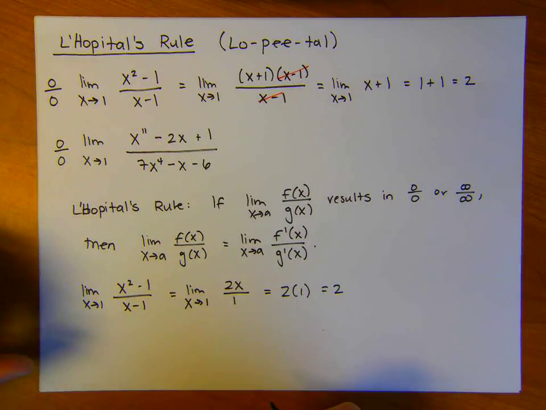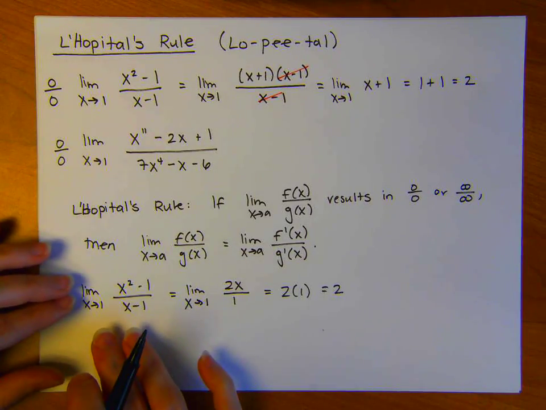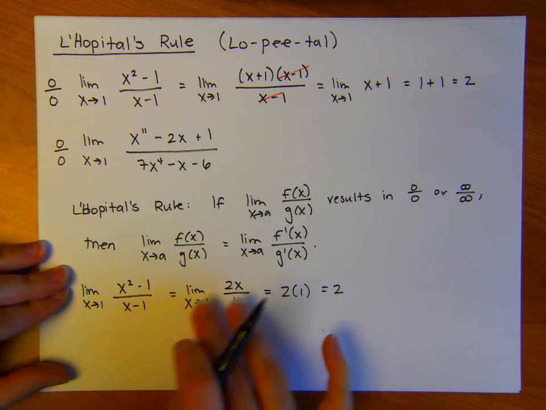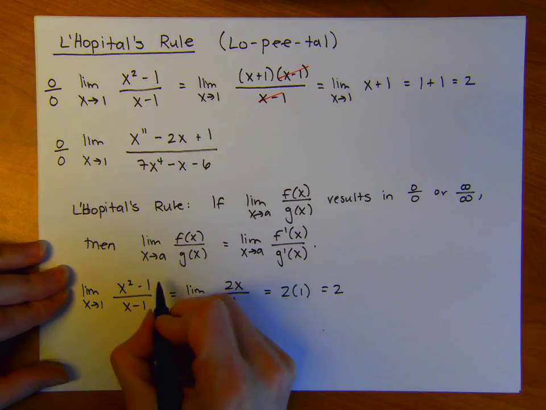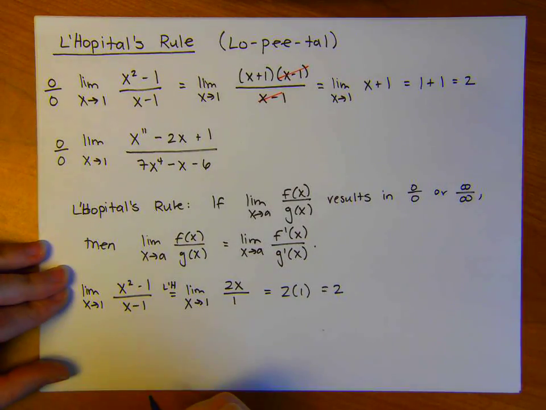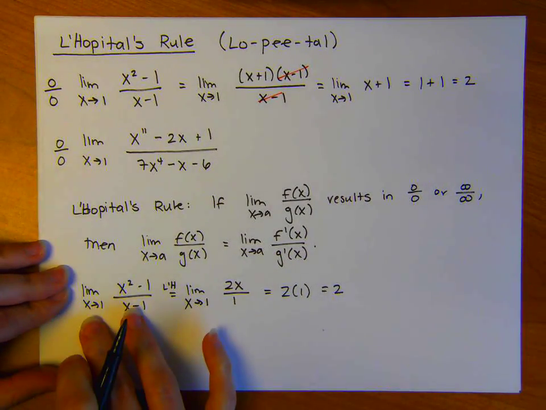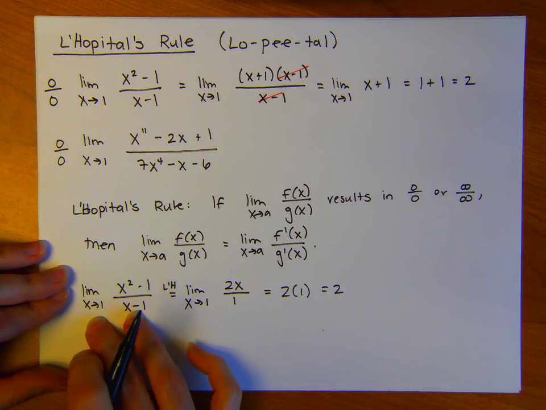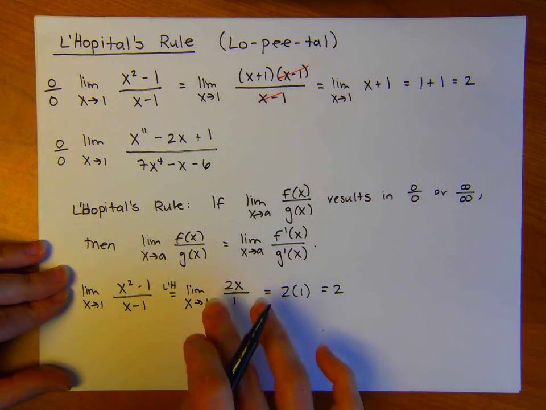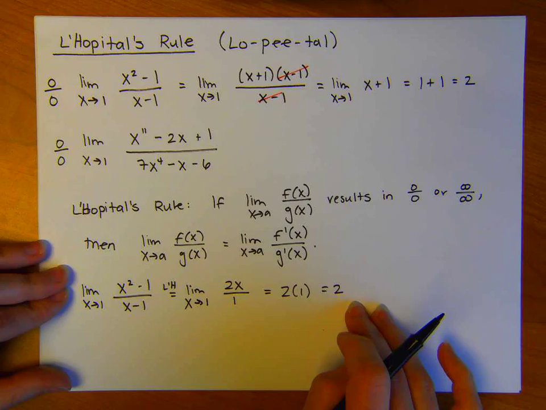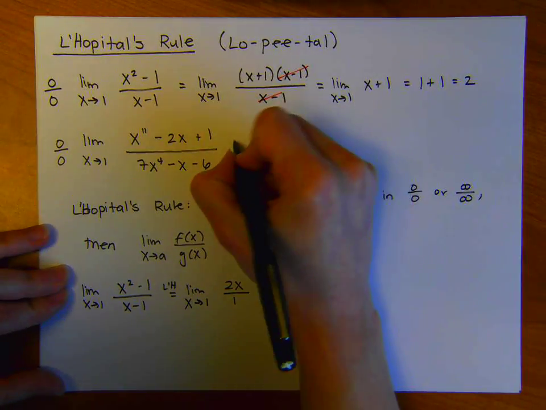Now as far as notation goes, to show my work, to show what I did from here to here, I'm going to write an LH right above the equal sign. And that just tells the reader, hey, I got 0 over 0, I'm going to use L'Hopital's, here's what I get, and now here's my limit. Okay, so let's do that for this one.